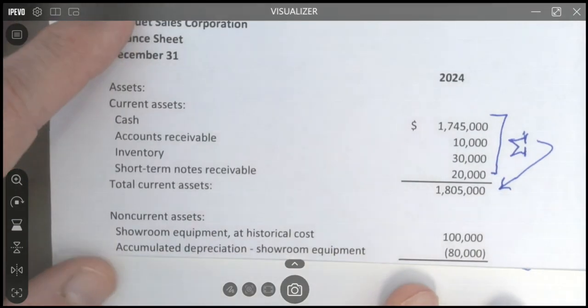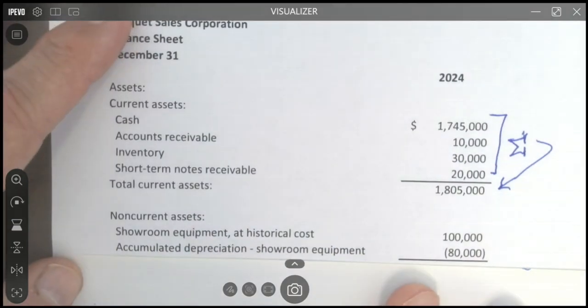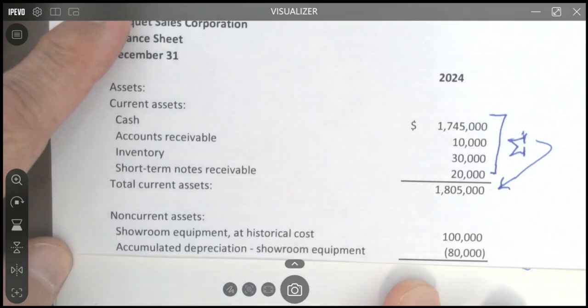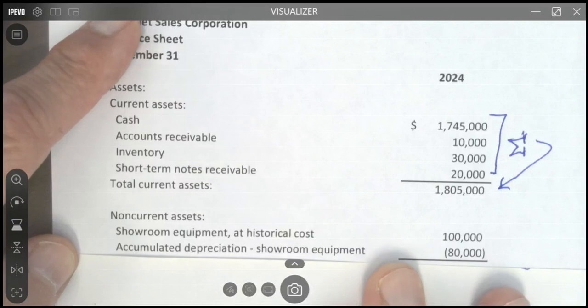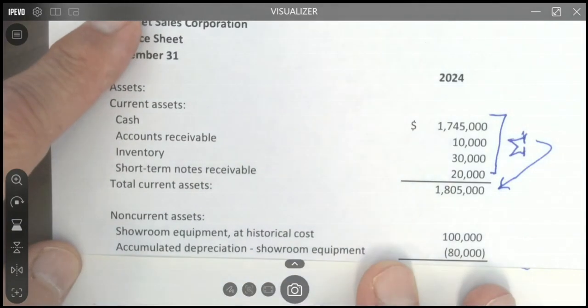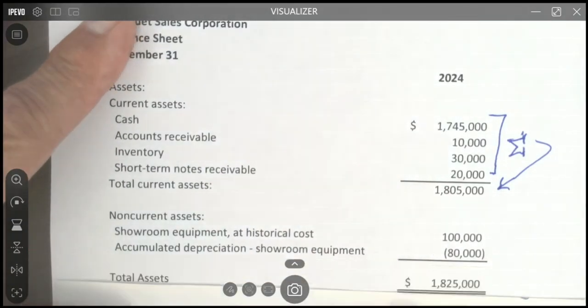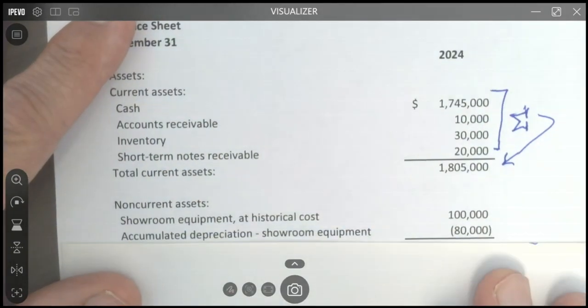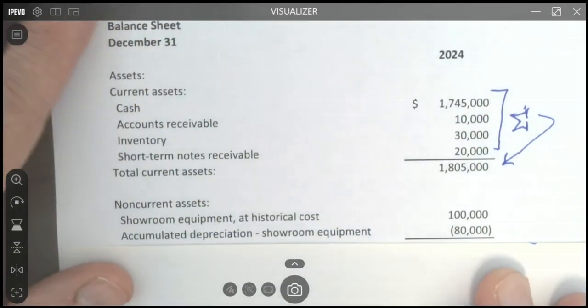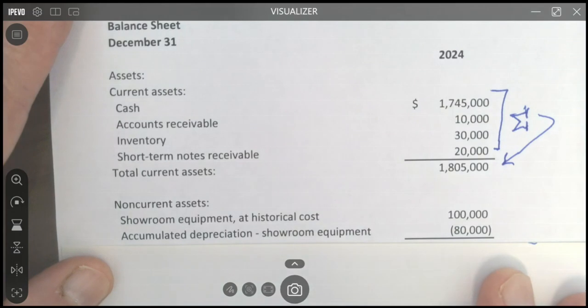The accumulated depreciation related to those two accounts is 40,000. So they're about 80% depreciated. They're about 80% through their useful life, probably. And so the net equipment is 20,000. The showroom equipment net of depreciation.